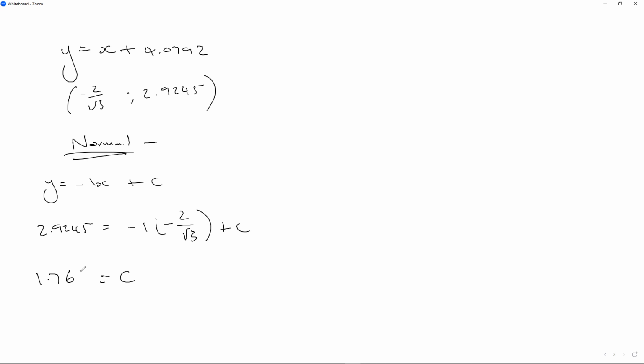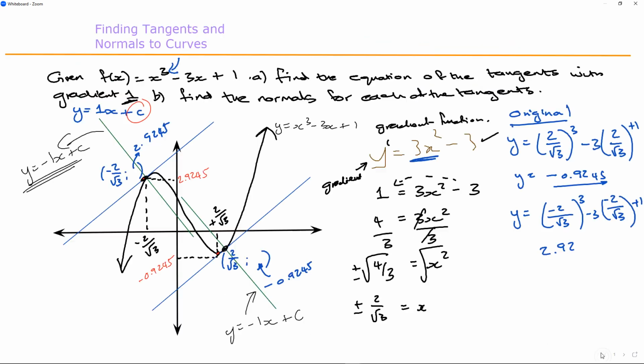So 1.7697, let's keep it to two significant figures, 1.77. And we'll end up with y equals negative 1x plus 1.77. Let's see, that looks correct. Negative 1x plus 1.77, so 1.77 is my c value for that one over there.